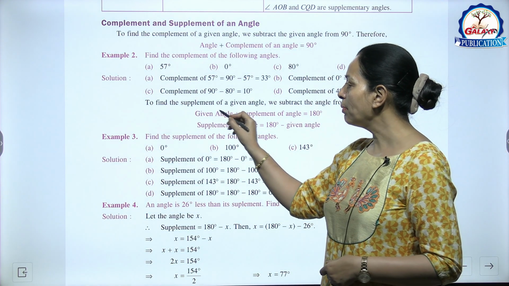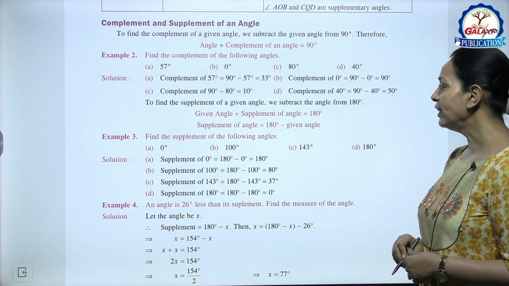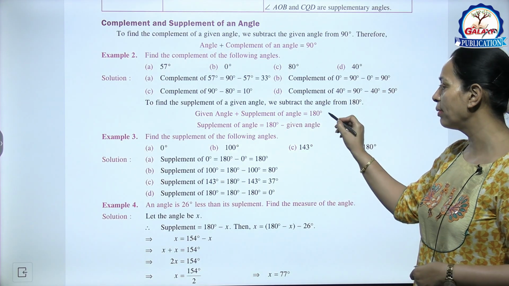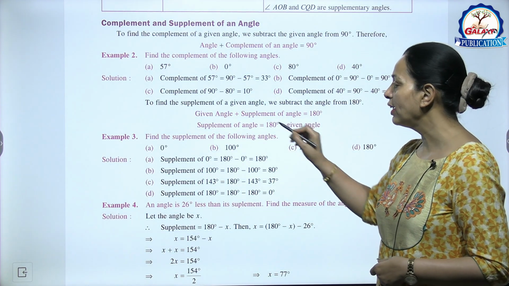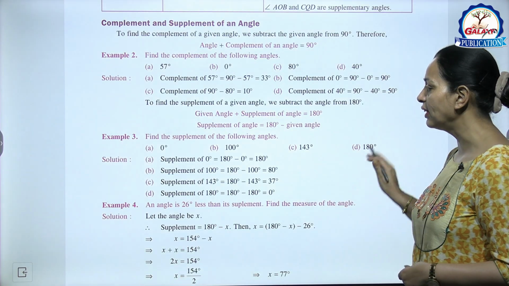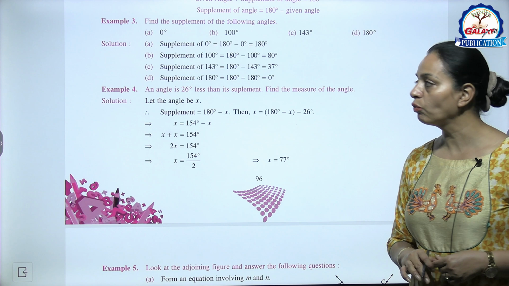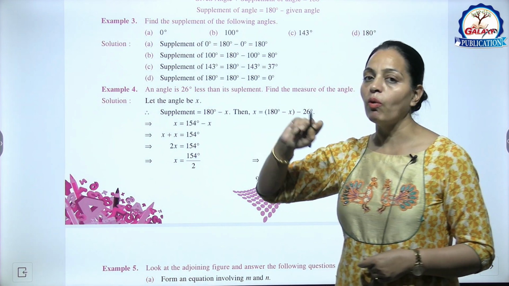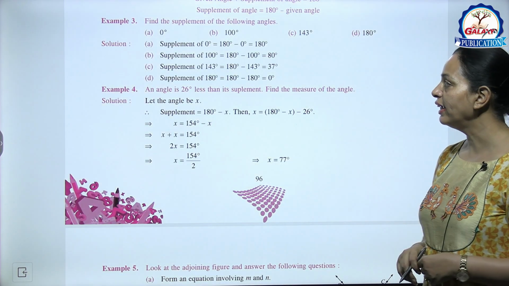So to find the supplement of a given angle, we subtract the angle from 180 degree, because given angle plus supplement of the angle, their sum is 180 degree. So supplement of angle is 180 minus given angle. Example 3, find the supplement of the following angles. A part 0 degree, its supplement 180 minus 0, that is 180 degree.